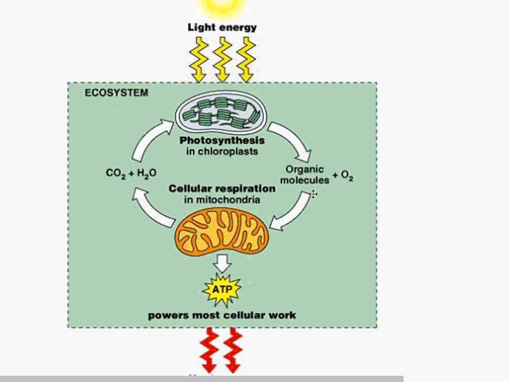In cellular respiration, that sugar is broken down and the energy that was put into it is taken back out. And then we use that energy to power cellular processes. So this type of energy coupling is essential to living systems.